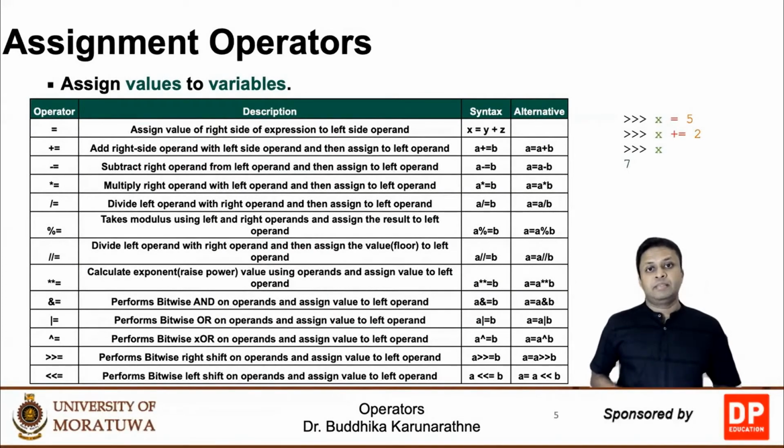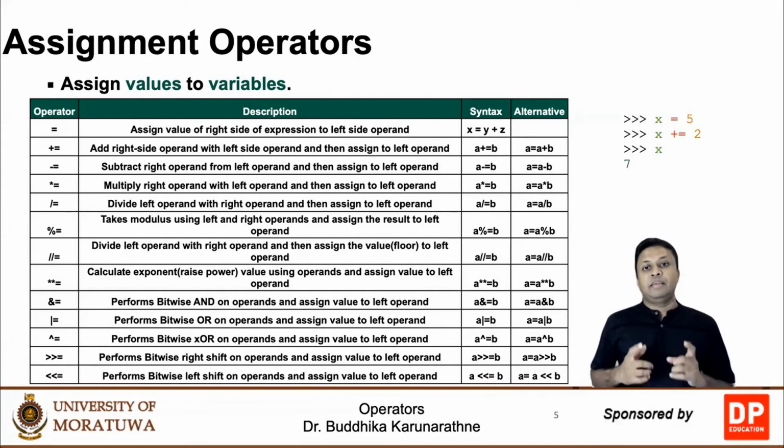Assignment operators are used for assigning values to the variables or any other object in Python. For instance, x equals 5 is a simple assignment operator that assigns the value 5 on the right to the variable x on the left. There are also multiple compound operators as depicted in the given table.